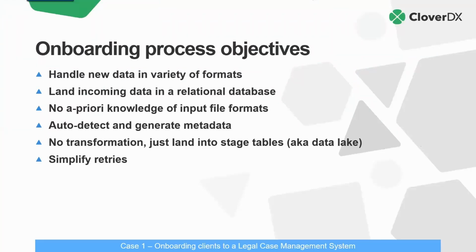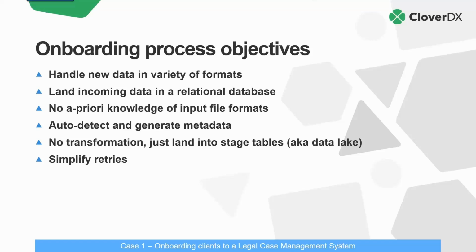So for this client, specific objectives: we need to handle client data in a variety of file formats, and we want to land that data as it comes in into some staging tables in a relational database. We want the process to work without any advanced knowledge of the incoming data file formats.